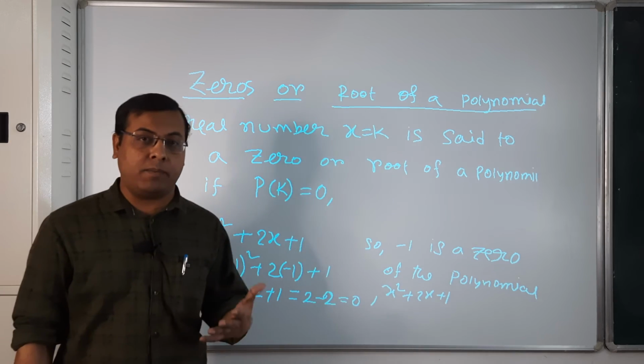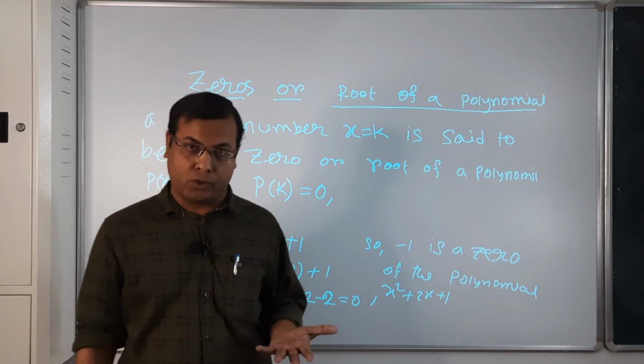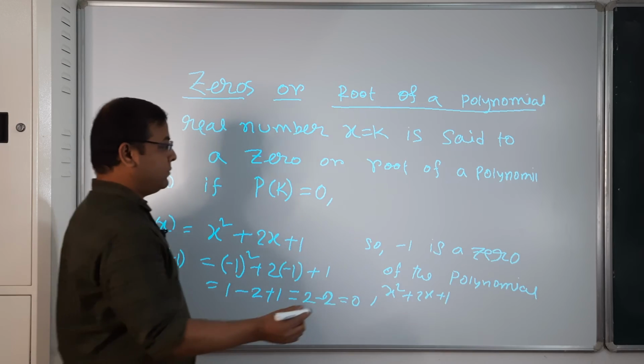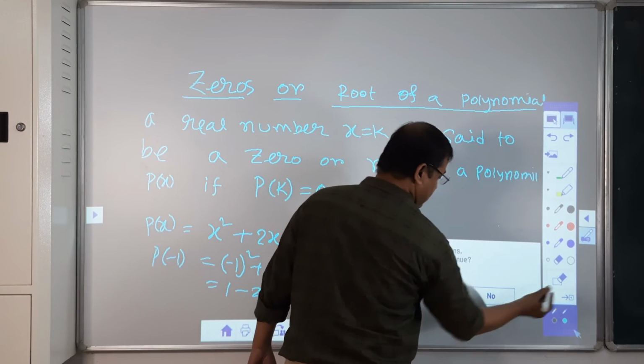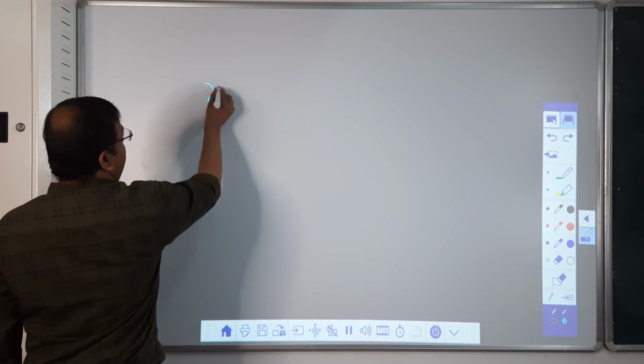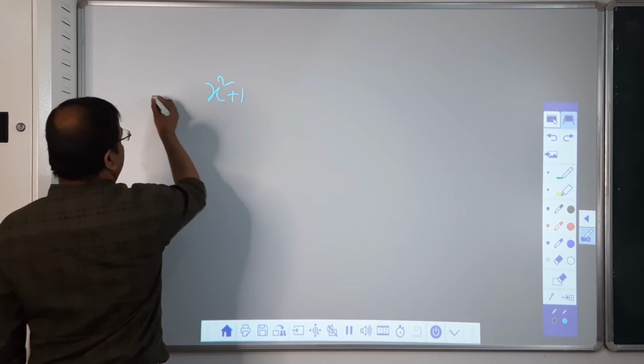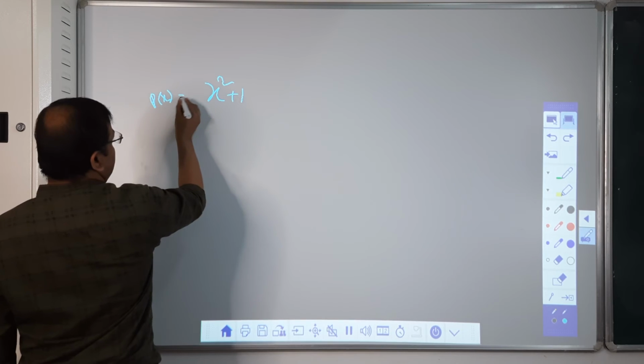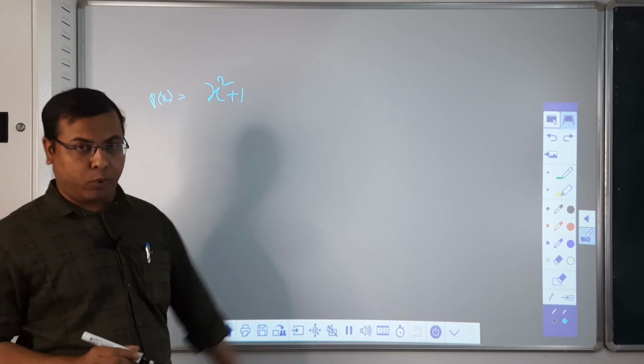And also it is possible a polynomial can have no real zeros. As for example, x square plus 1. This is also a quadratic polynomial.